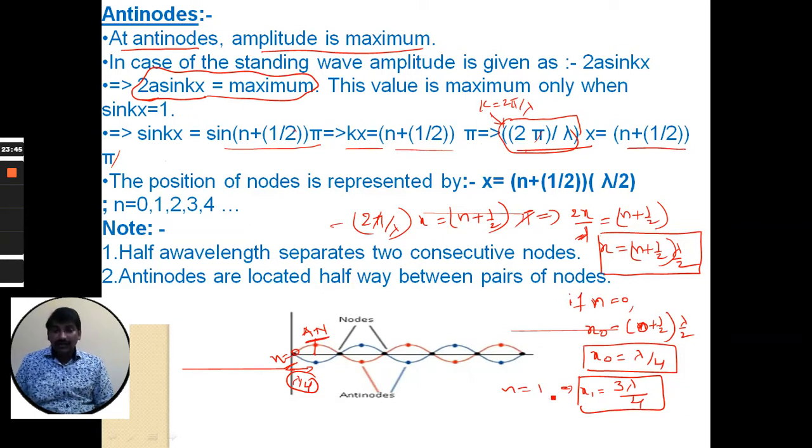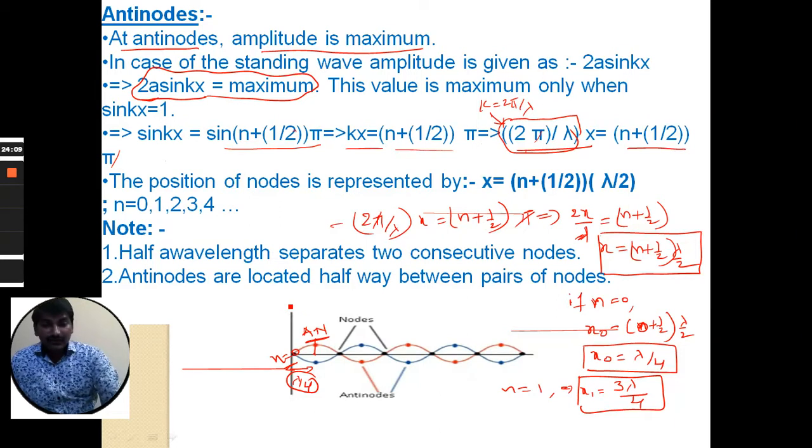Then like that x2, if you substitute further, 5 lambda by 4, 7 lambda by 4, like that you will get. This gives nothing but nodes, and here it gives antinode positions.